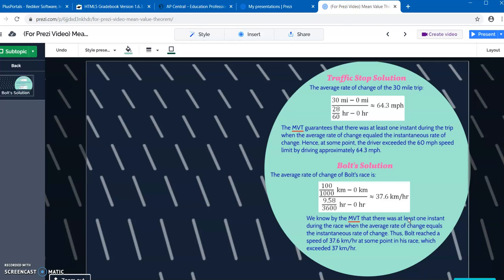We conclude here that by the mean value theorem, there was at least one instant during the race when the average rate of change equals the instantaneous rate of change. Thus, Bolt reached a speed of 37.6 kilometers per hour at some point in his race, which leads us to confirm that Bolt's speed exceeded 37 kilometers per hour.